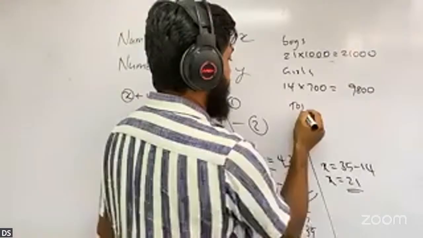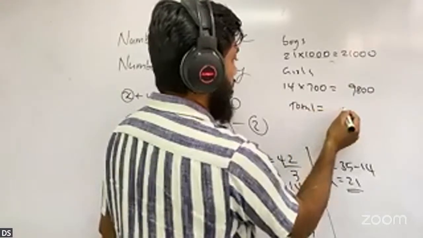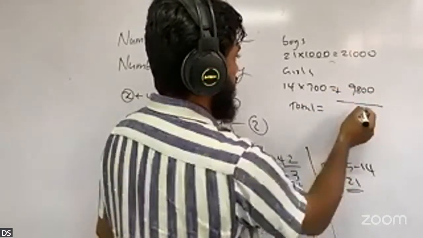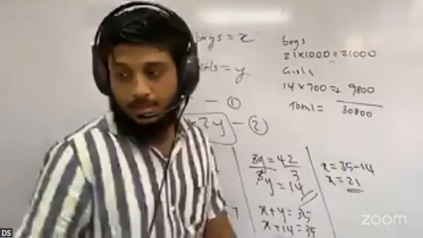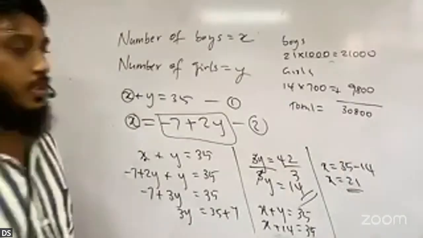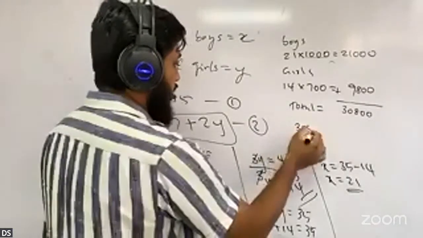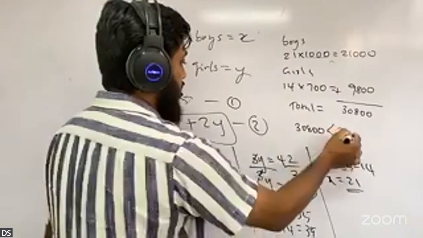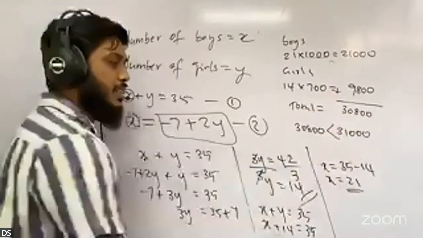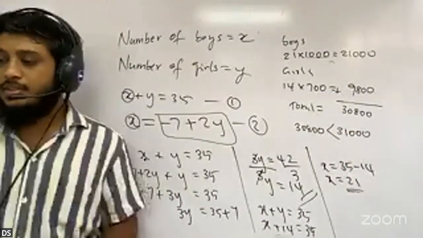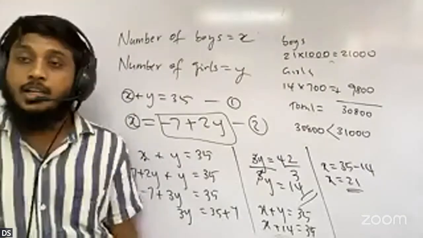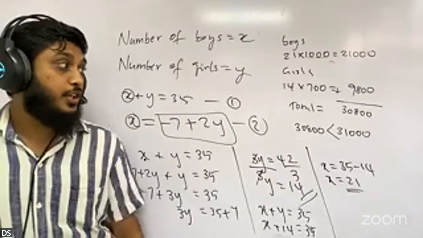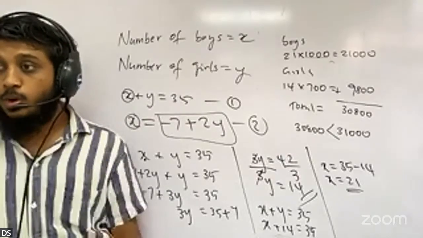Then the total, if you add this, you get 30,800. So they are telling it costs less than 31,000. Then what should you write? You write 30,800 is less than 31,000. If you mark like this, that is enough. No need to write in words. Here they have got 30,800. Therefore, 31,000 is big, 30,800 is small, 200 is the difference.